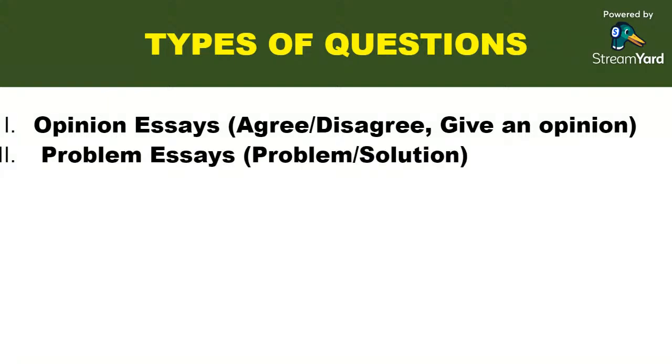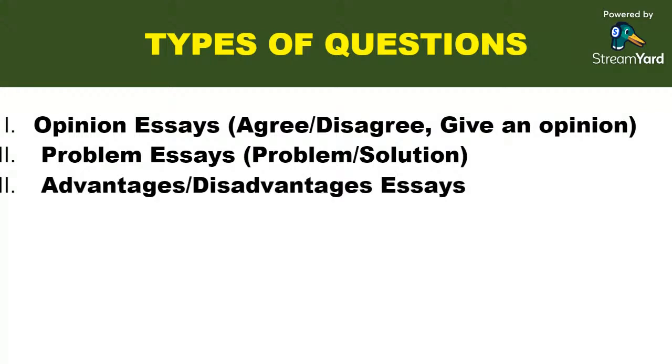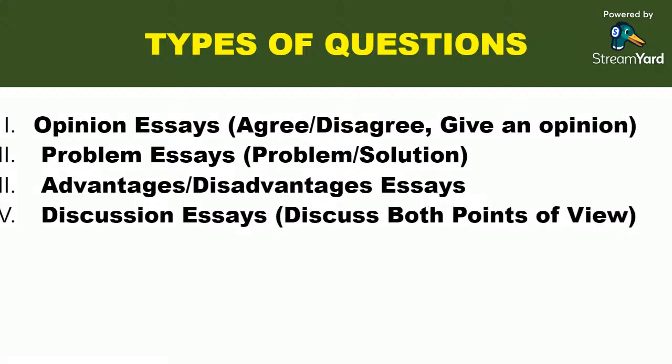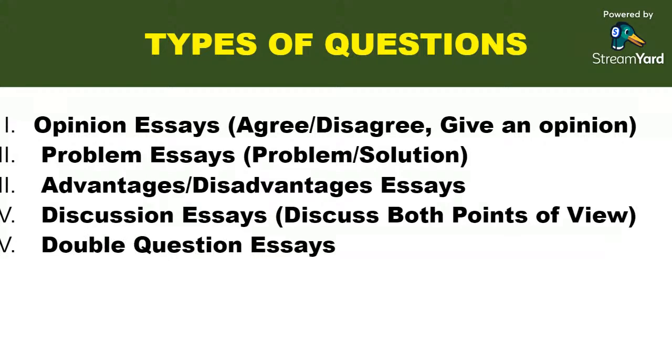Then we have the problem essays that will require you to look at a social problem and suggest a solution to it. Then we have advantages and disadvantages essays. And we have discussion essays in which you are asked to discuss both points of view. Okay. Then you have double question essays.